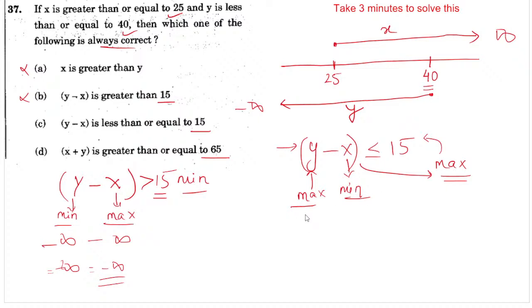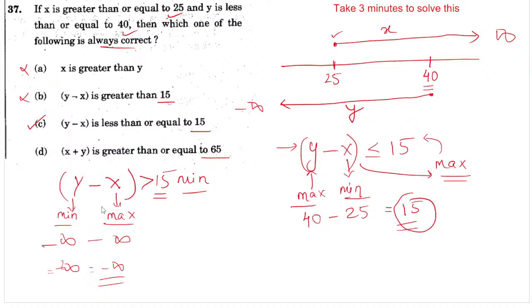The maximum value of y is 40, and the minimum value of x is 25, because x starts from 25 and goes towards infinity. The difference is 40 minus 25, which is 15. So the maximum value that y minus x can attain is 15. So the correct answer is option C.